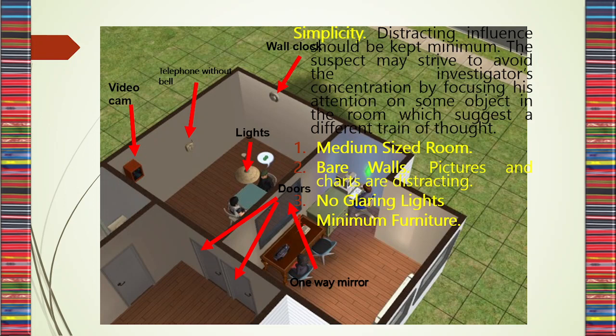But the persons inside the interrogation room cannot see or observe what is on the opposite side of the mirror. To the suspect, the window looks like a plain mirror.